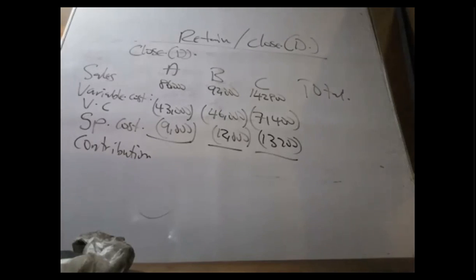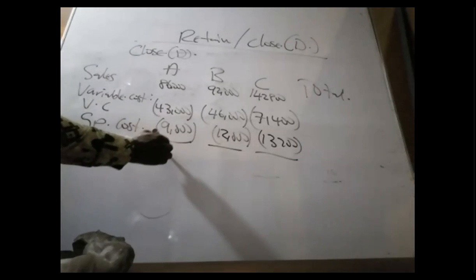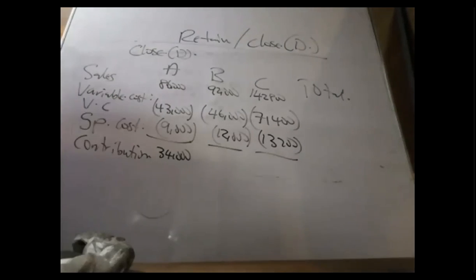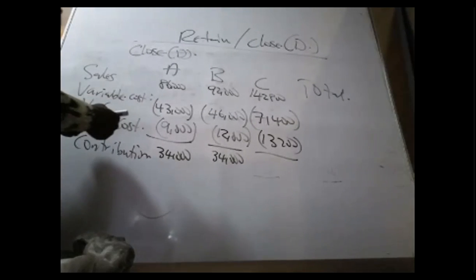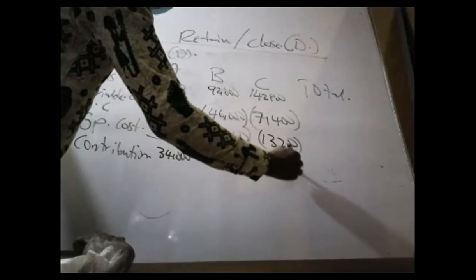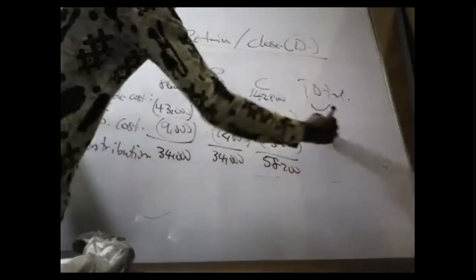So please, what do they get for contribution individually? 86 minus this, 34,000, right? Another 34, and then 58,200, right? We're supposed to be providing totals here.